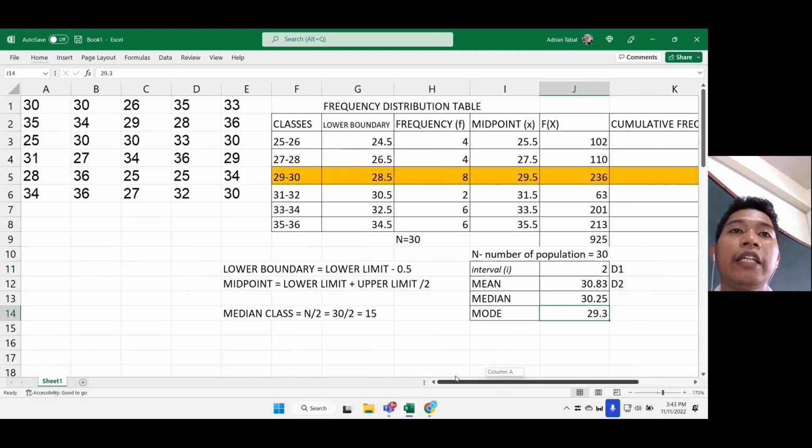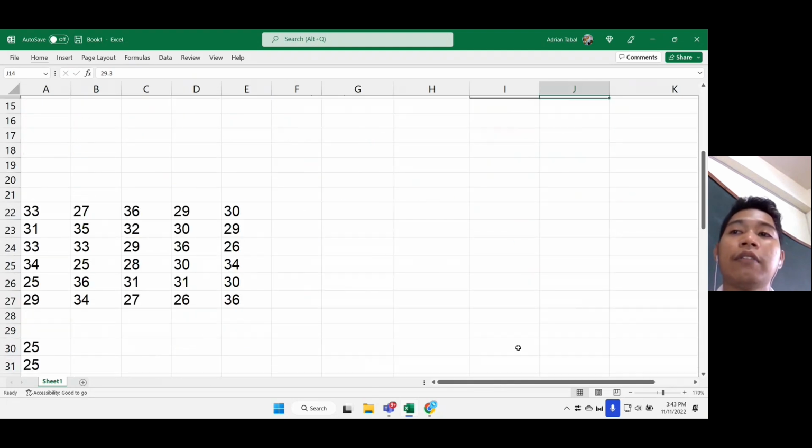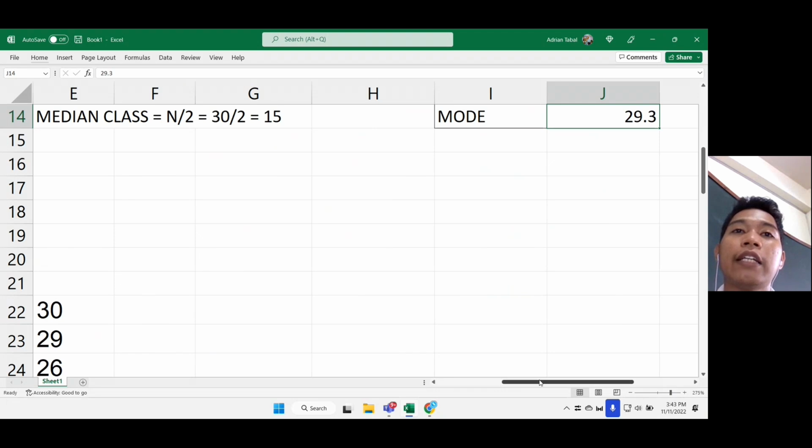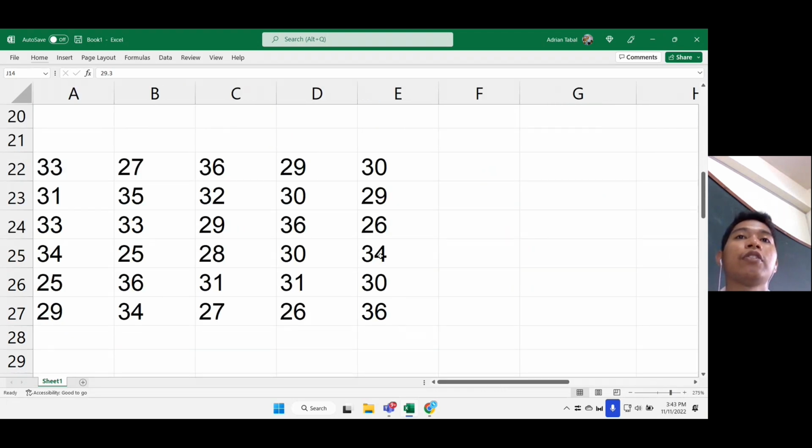Okay, for your activity, this is your assignment, due this coming Monday. These are the numbers. We have 33, 31, 33, 34, 35, 29. We also have 27, 35, 33, 25, 36, 34. Also 36, 32, 29, 28, 31, 27.